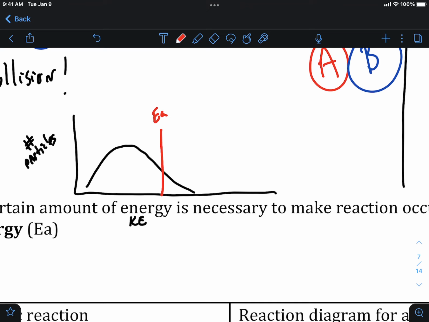Only the portion past the line that's under the curve. All right, only a small proportion has met the activation energy requirement.